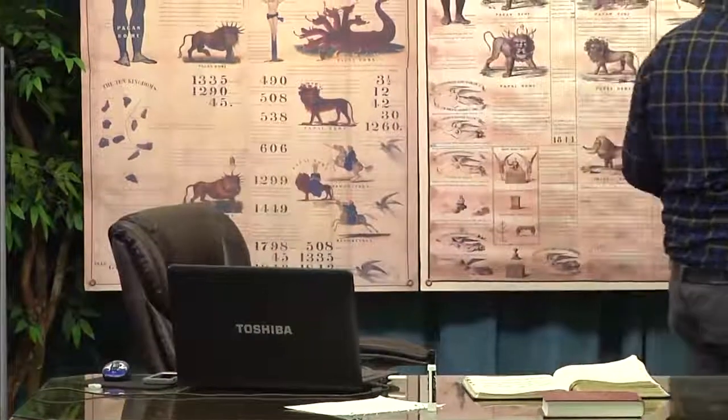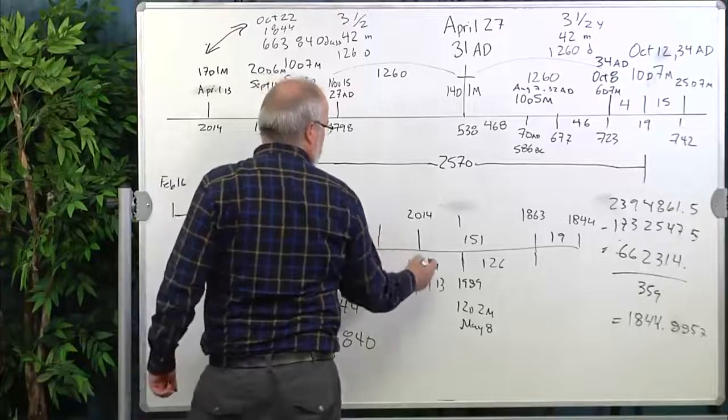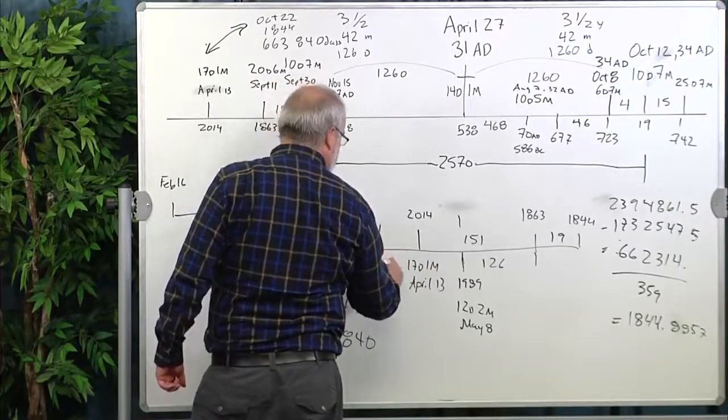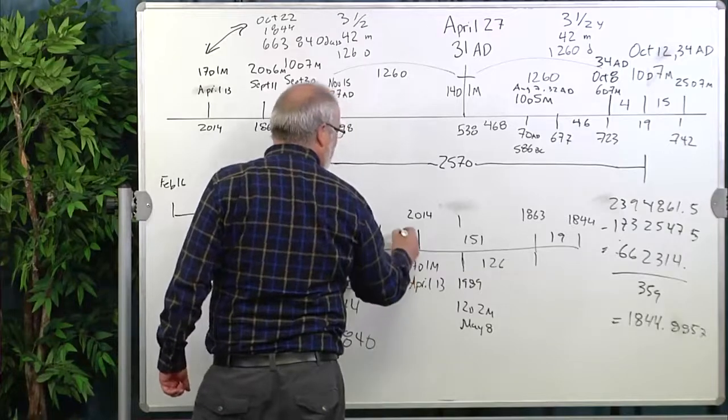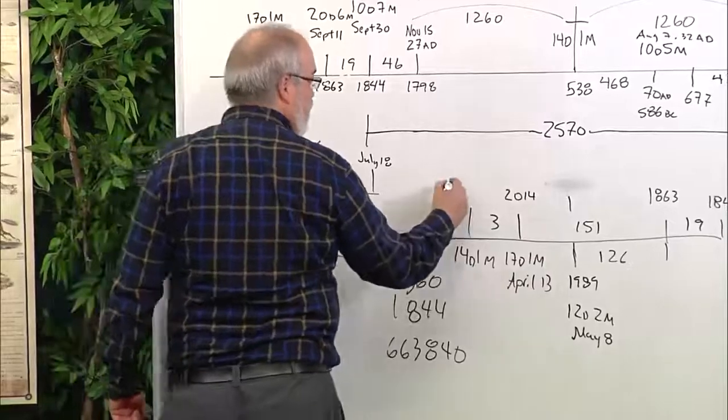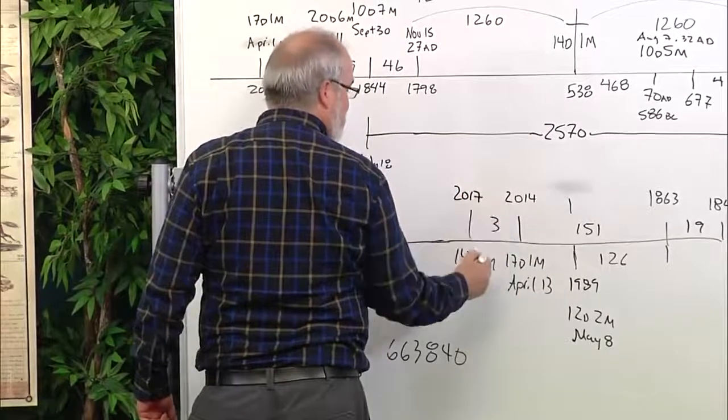And the fact that it's the 17th day of the first month, which appeared to be a problem when I was looking for Passover, isn't really a problem. Now, if I keep going this way and I want to get to Passover, it's the 14th day of the first month, and this is 3 days, or 3 years, and this would bring me to 2017 to be Passover.